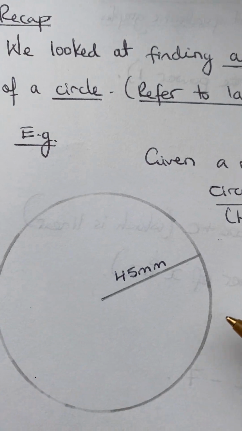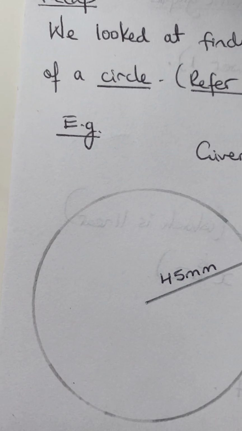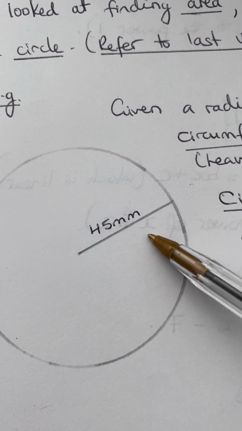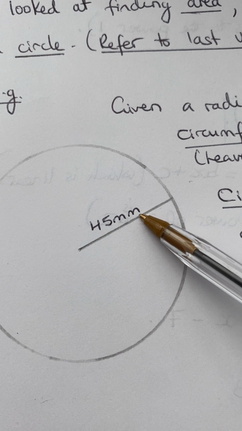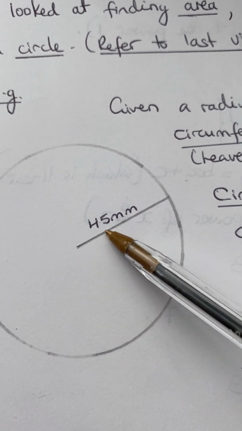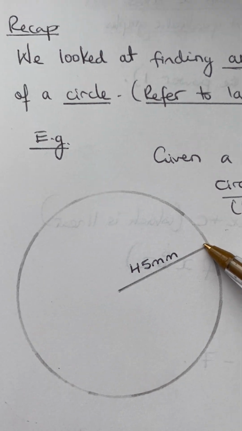Let's look at the example for our recap. There's a circle here, 45 millimeters, so that is the unit. The radius is 45 millimeters.